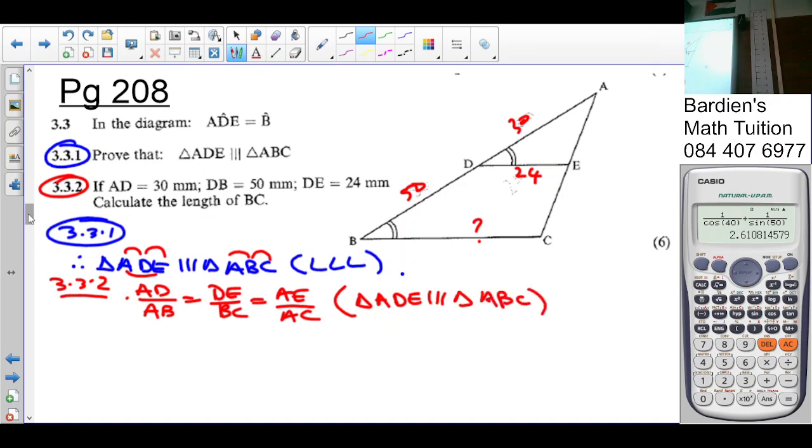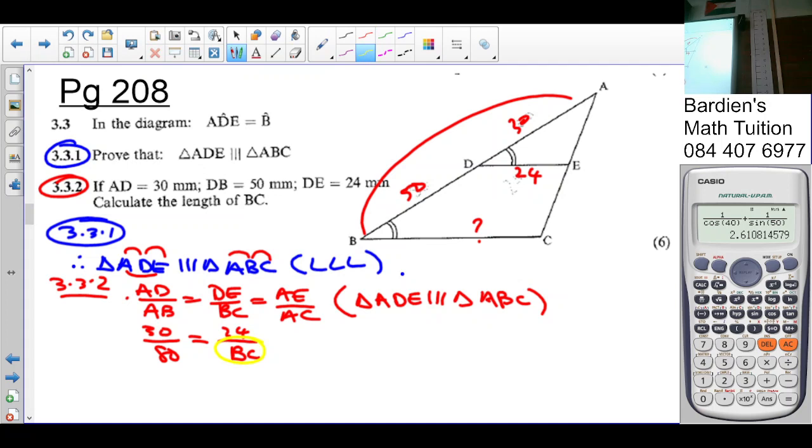Okay, so what's the length of AD? 30 over AB. Now AB is this whole length here, which is 80, equals DE over BC. That's what I want to calculate. BC is what I want to calculate.